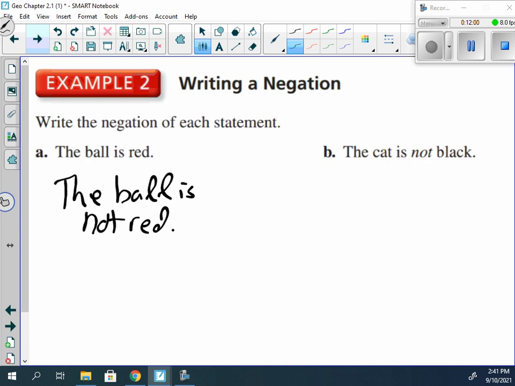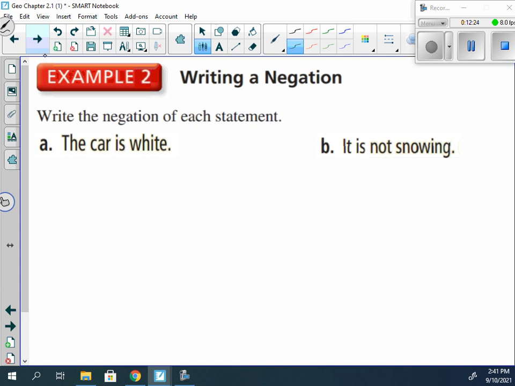The cat is not black. Its negation would be? The cat is black. That is the negation. Questions on this here?